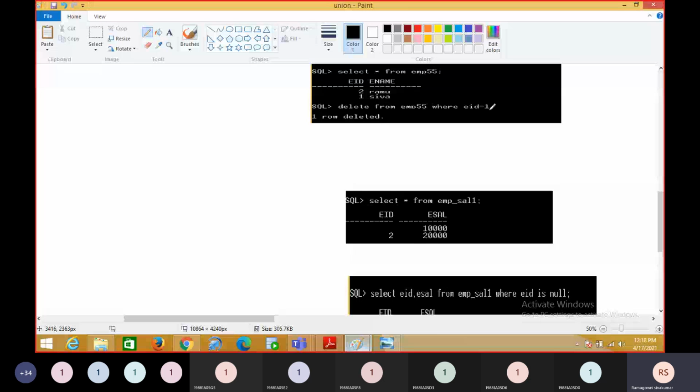In the related table EMP salary, the value for 1 is a null value. Wherever you are deleting that value, we are setting it to null.